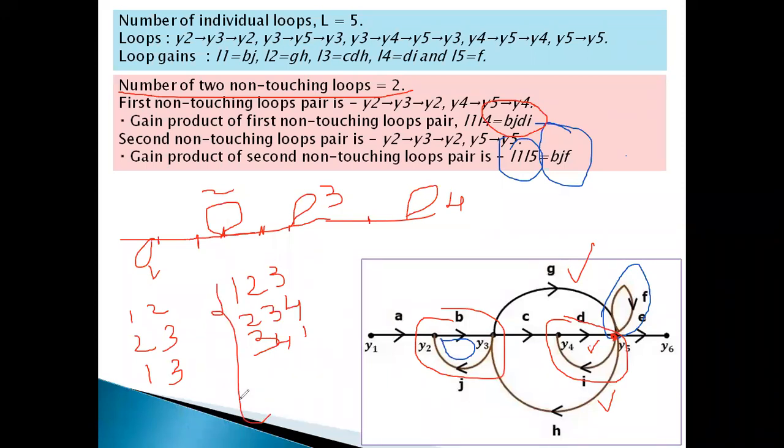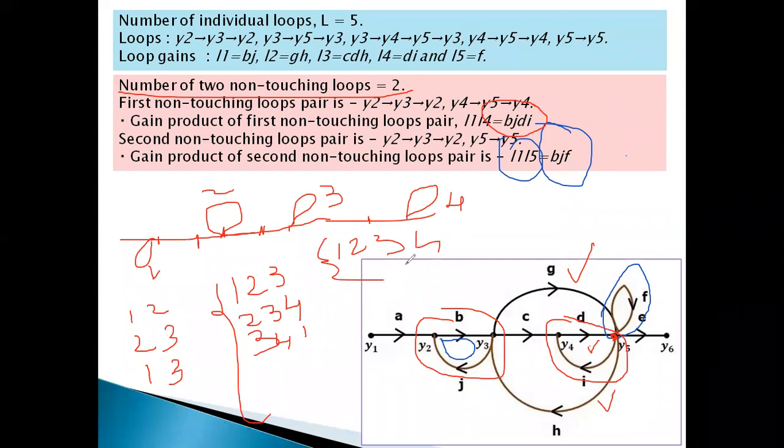Total, I think you will get 8 combinations. Like that, we can write down all possible combinations of three non-touching loops. Similarly, we select four non-touching loops: 1, 2, 3, 4, not in touch with each other. In this case, only one.